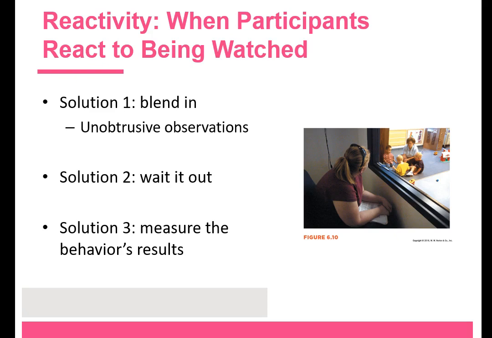Well, when you have someone watching you at home, and they know they're in an eating study, well, they're probably not going to eat much junk food in front of the researcher. But maybe in terms of measuring the behavior's results, you're looking at going through their trash. And of course, you would need all sorts of ethical approval and let them know you're collecting trash at certain houses. And then you would look for signs of that behavior, like bags of chips and empty bags of cookies and things like that.